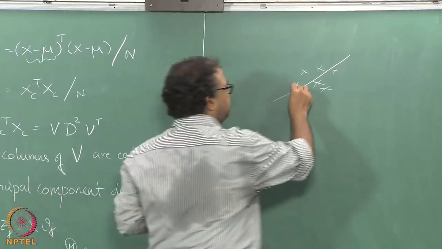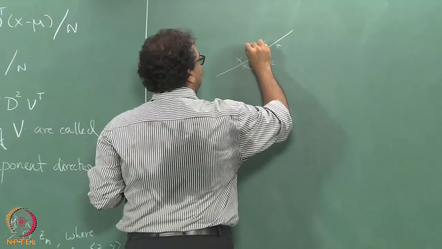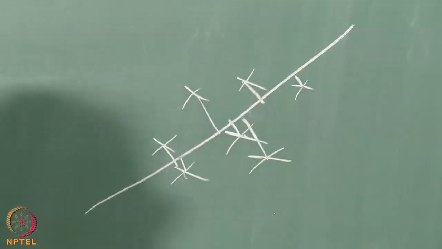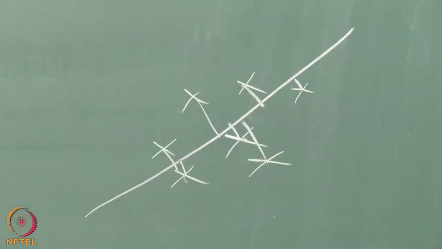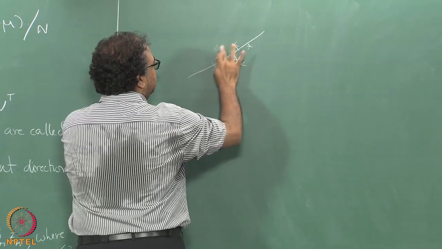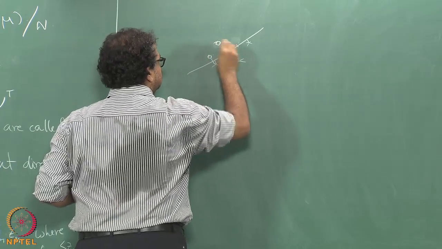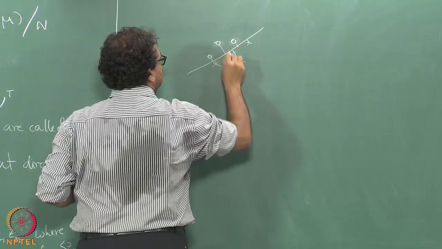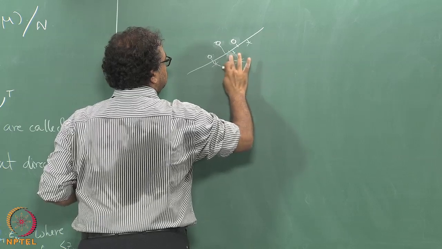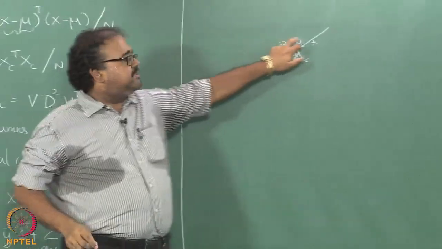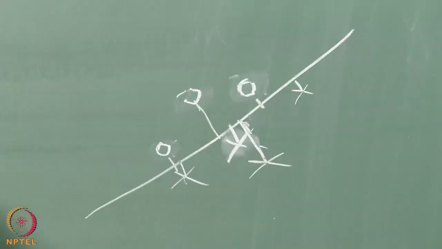So now the data will get projected like this. But suppose I tell you that these three were in a different class.